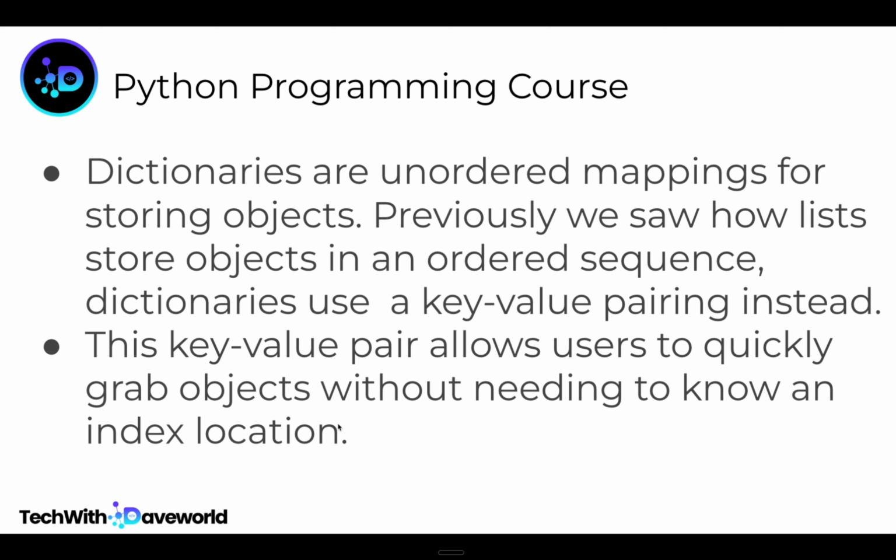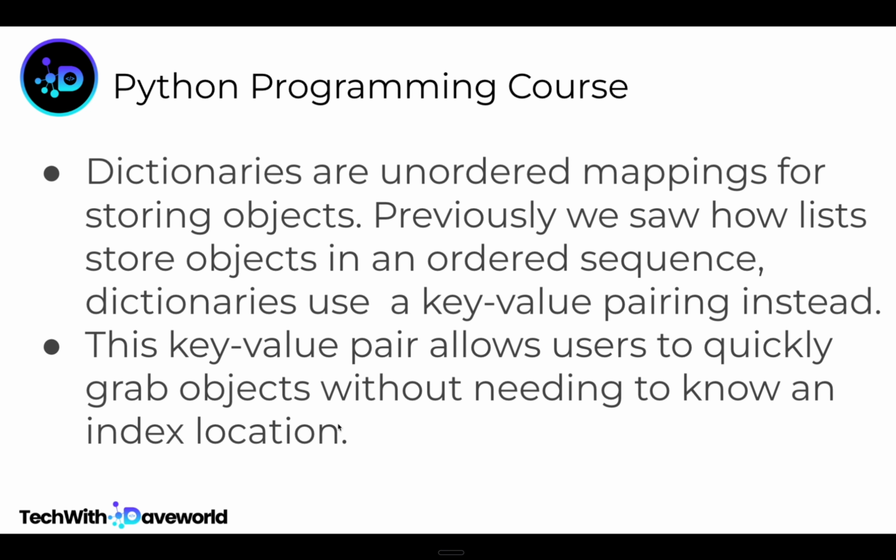What do I mean by this key value pair? This key value pair basically allows users to quickly grab objects without needing to know an index location. You can imagine how frustrating it's going to be if you were to access thousands of list items and you have to start looking for the index number before you can grab a particular item.